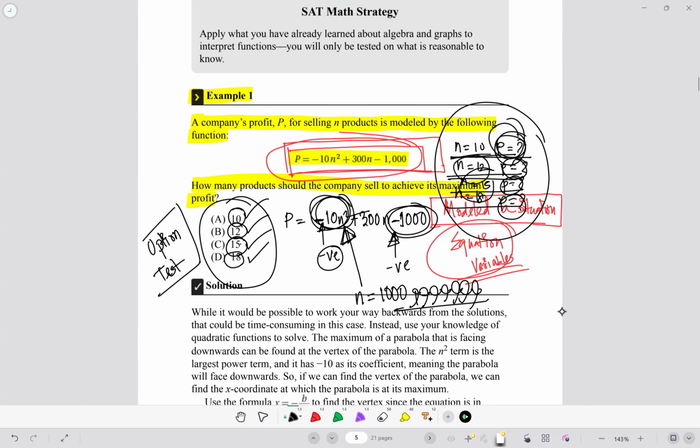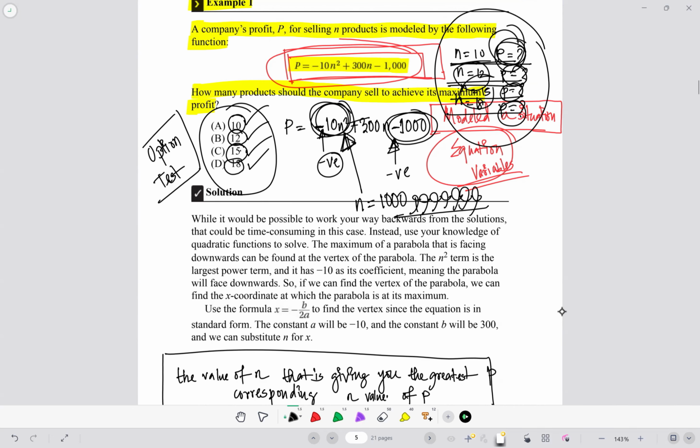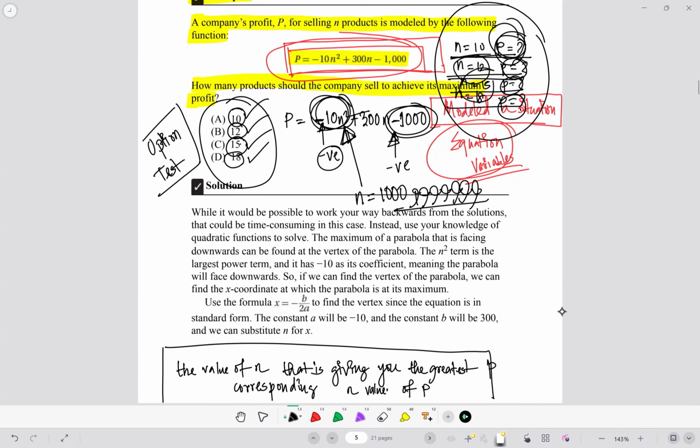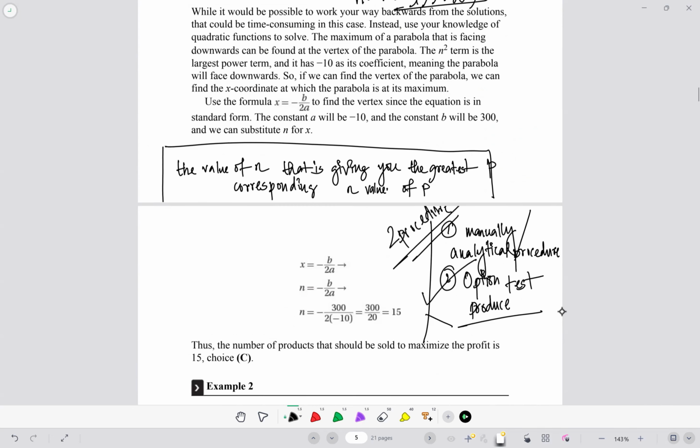To solve this problem analytically, you just need to use the concept of calculus.